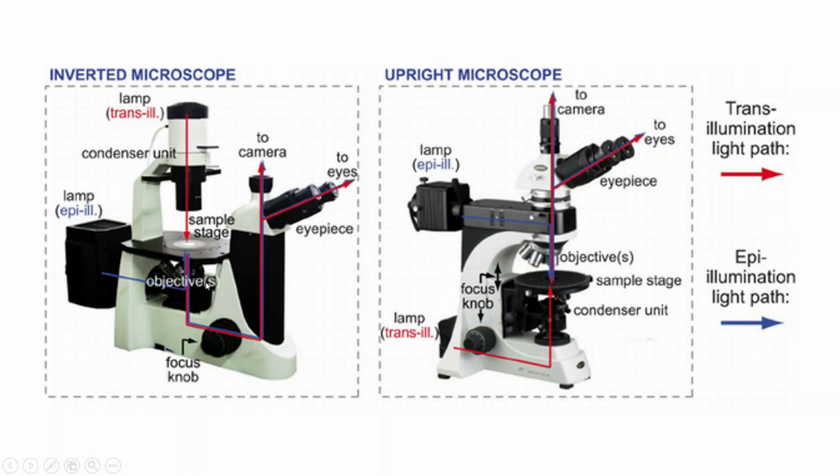So the objective lens will be much closer to the cell culture plate in an inverted microscope as compared to an upright microscope. But you have to keep in mind that you have to use a cell culture plate which is obviously transparent in nature. That will give you much higher resolution, a clearer image, as compared to an upright microscope. So I think that's clear.